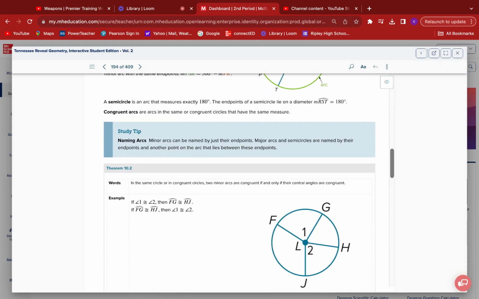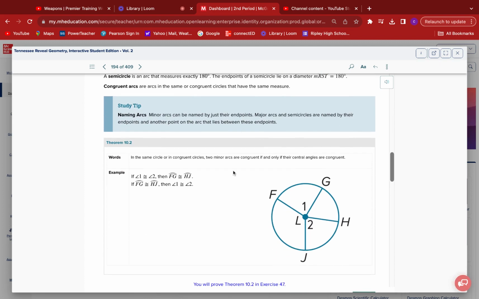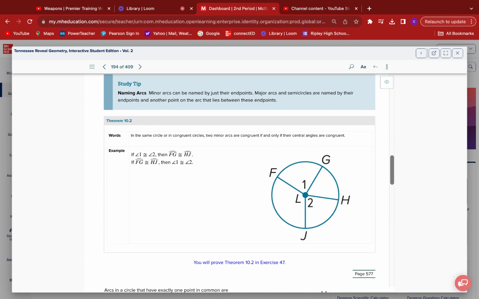Then it gets into naming arcs. Angle 1 is congruent to angle 2, which means that arc FG, made up of angle 1, angle FLG or GLF, is congruent to arc HJ, from angle 2, angle HLJ or JLH.